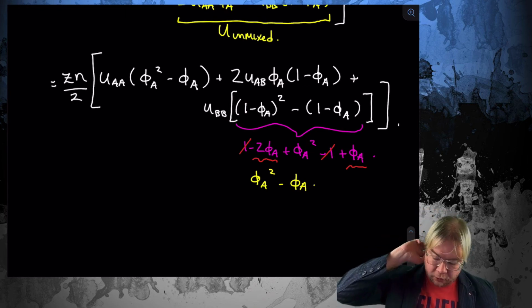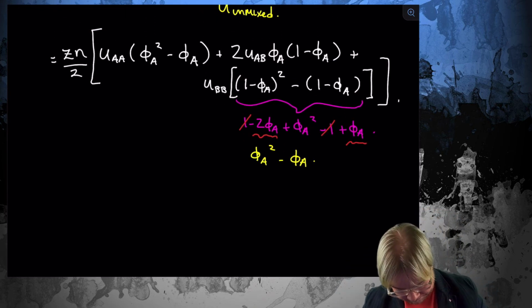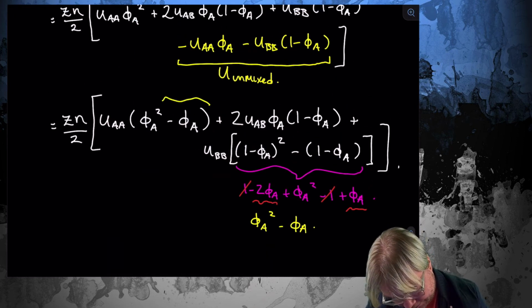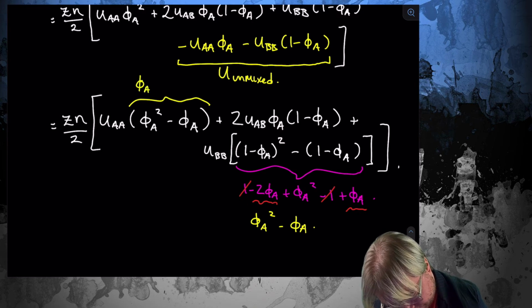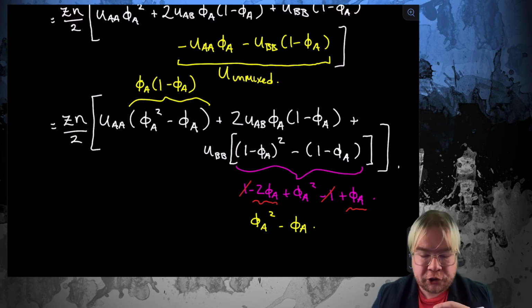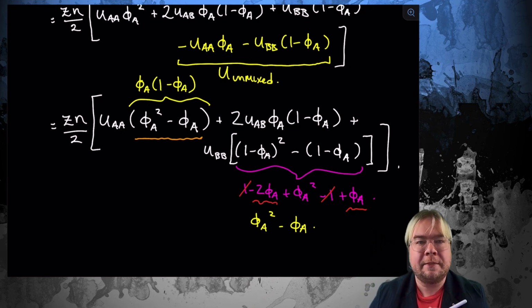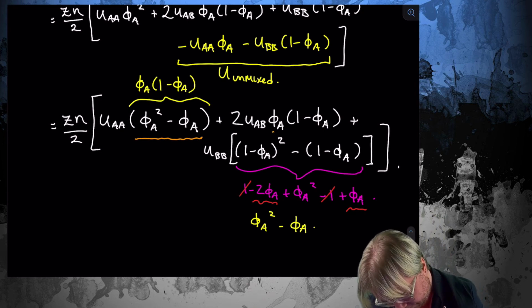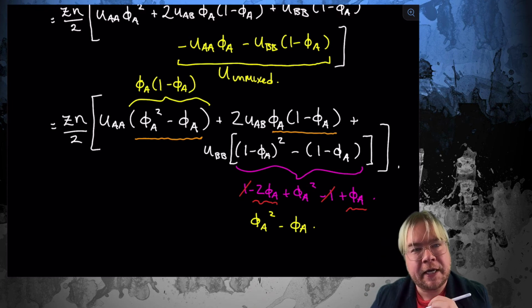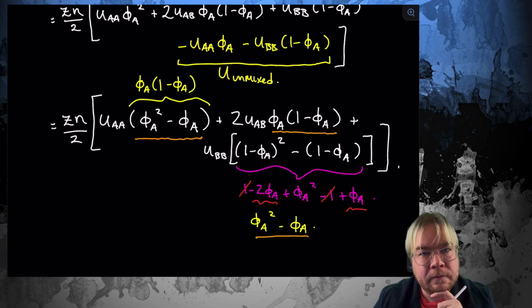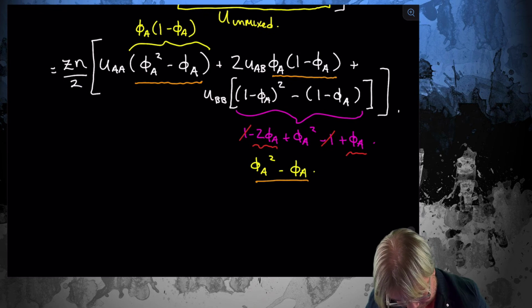Okay. So believe it or not, we're almost there. This term phi A squared minus phi A can be written as, if you just factor out the phi A, phi A times 1 minus phi A. So each term, if you notice, has that. So each of those terms has that.